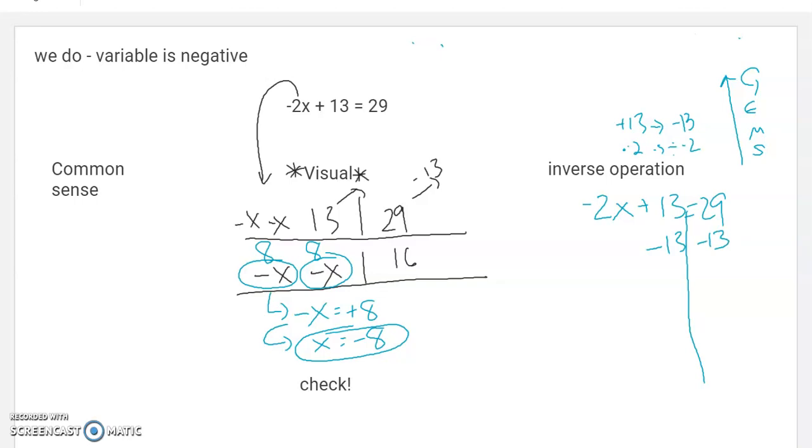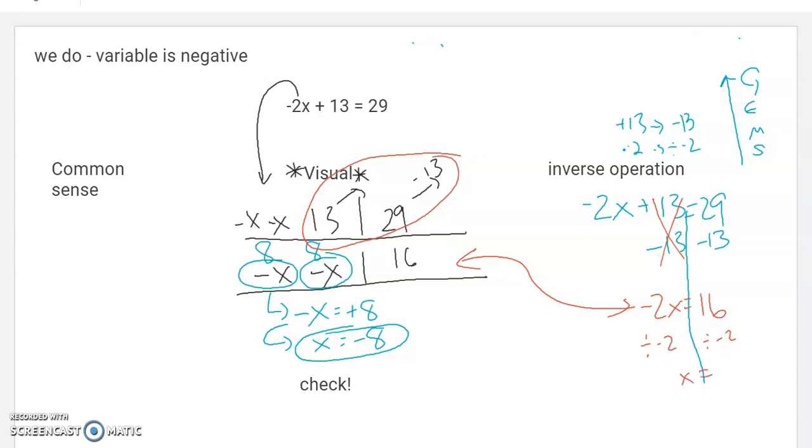You're probably getting sick of me saying this, but that's exactly what we do first here too. It's not actually different. That leaves me with negative 2x equals 16, which is exactly what I was left with here. Then we divide by negative 2, divide by negative 2, and we get x equals positive 16 divided by negative 2, which is negative 8.